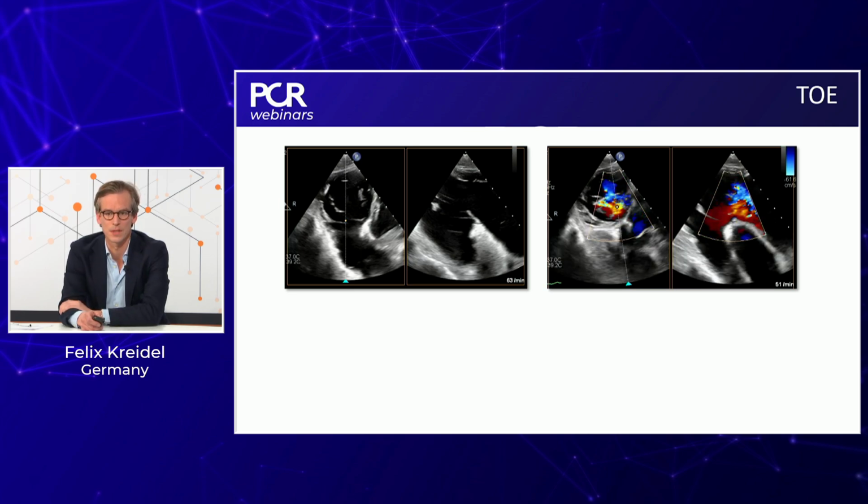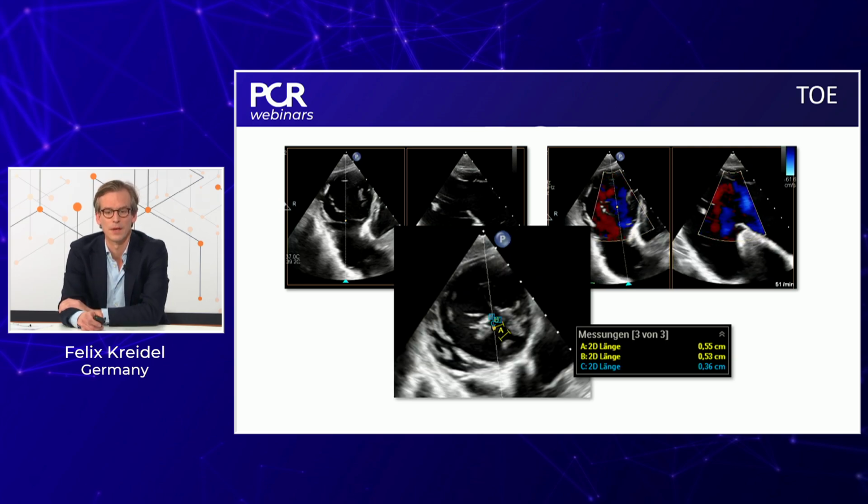And here I would say it was centrally, extending into the anteroseptal commissure, which is lower in the image. Also very important is to objectify the amount of coaptation deficit. In the slang, that is the coaptation gap, and this was found to be around 5 millimeters at the central part of the anteroseptal commissure.